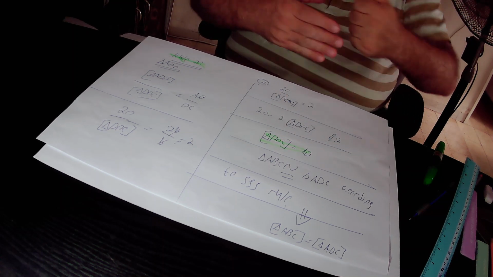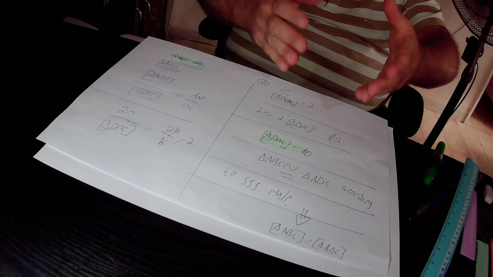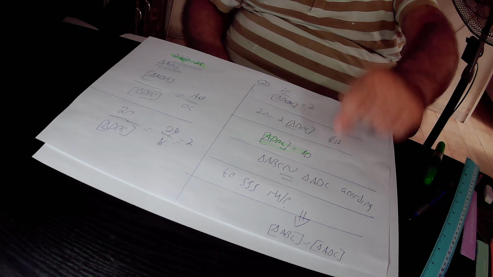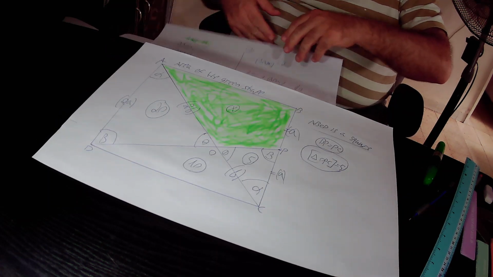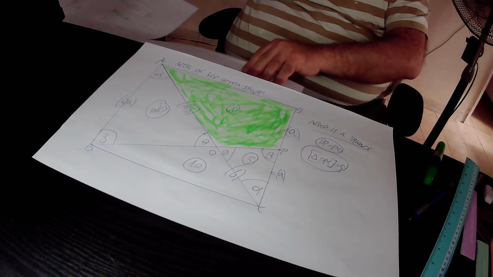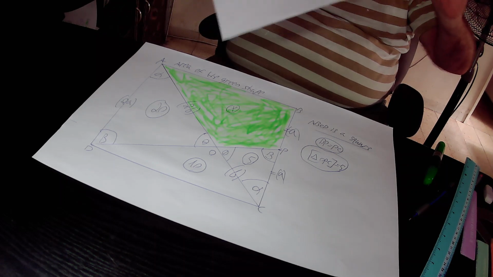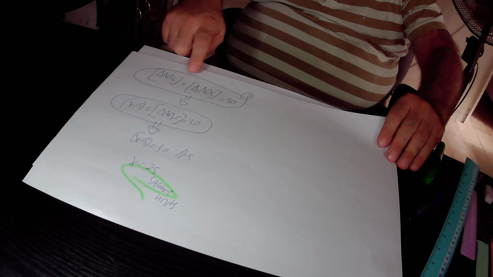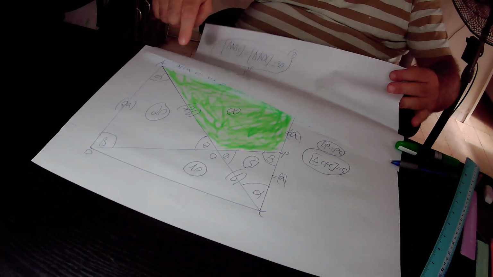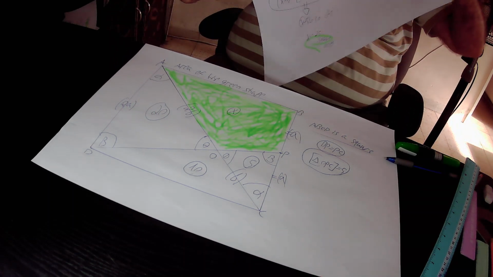From the fact that the two triangles can go into each other, we derive that they also have the same areas. That is to say, the area of triangle ABC is equal to the area of triangle ADC. But we know that the area of the right triangle ADC in total equals 20 plus 10, that is 30 square units.